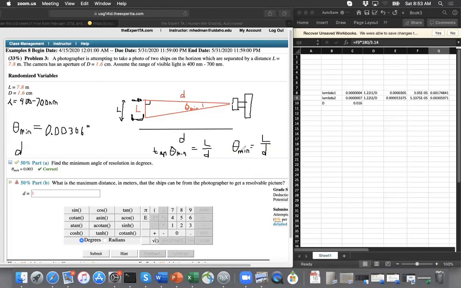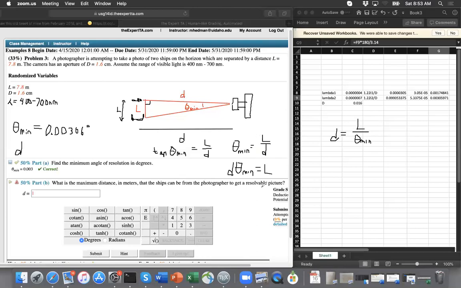So we know theta min, we know L, so we can solve for D. We just multiply both sides by D, and you get D theta min equals L, and then you divide by theta min, and you get the final expression: D is L over theta min.